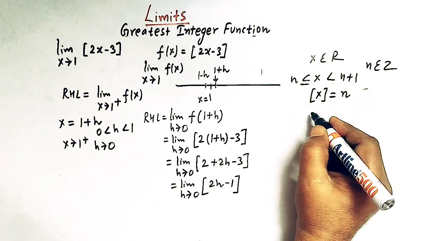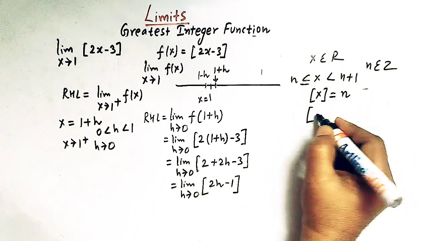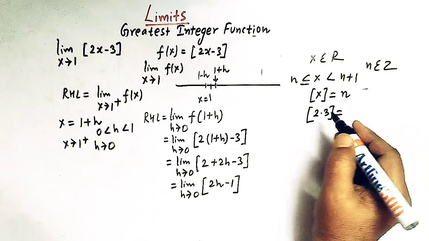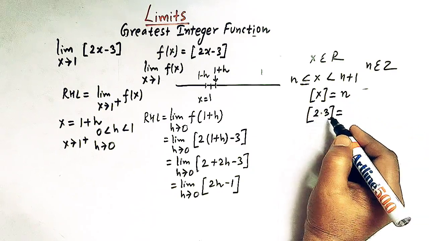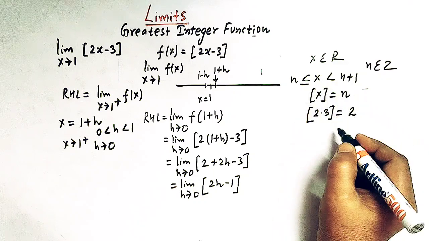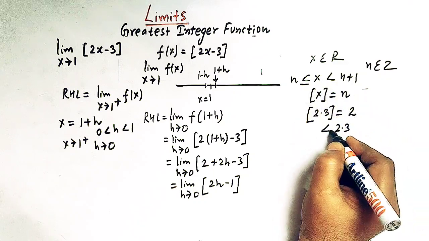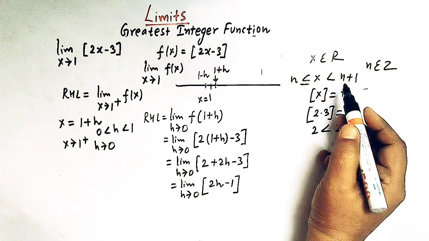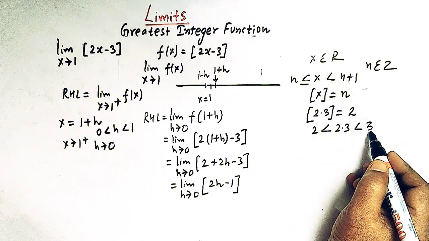For example, the greatest integer of 2.3 is equal to 2, because 2.3 is greater than 2 but less than 2 plus 1, that is 3.